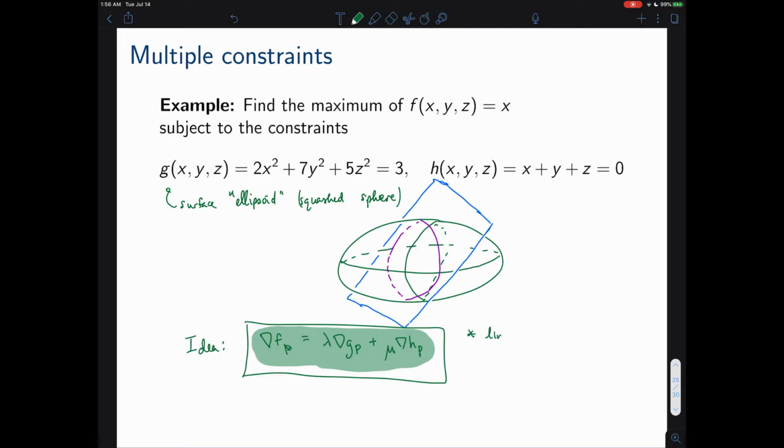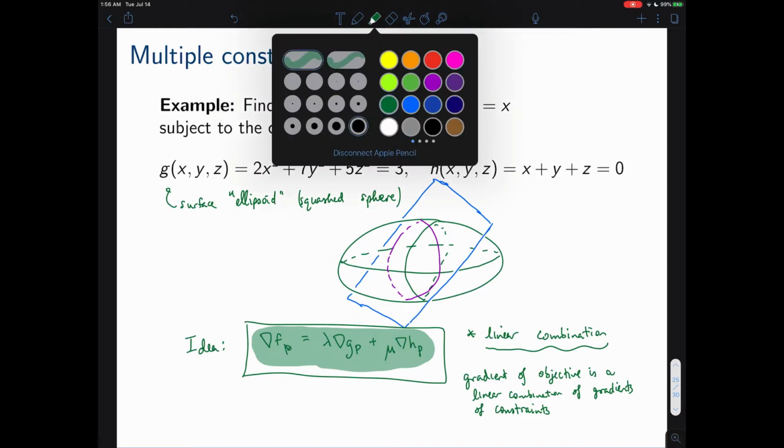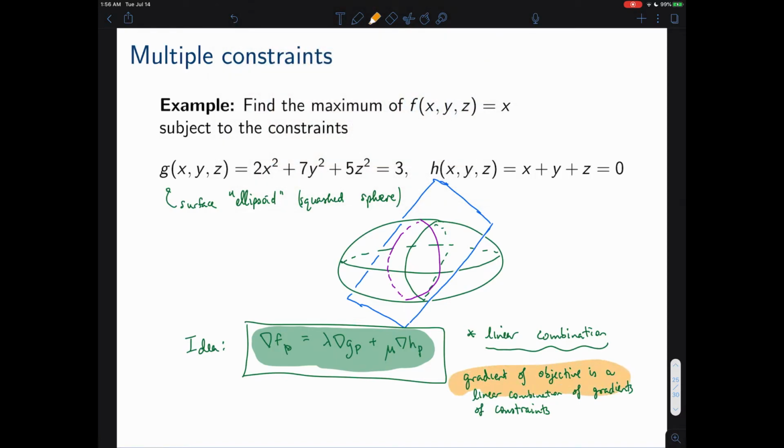That was a linear combination, was the term there. So the gradient of the objective is a linear combination of the gradients of the constraints. So that's the idea behind the approach for a multiple constraint problem.